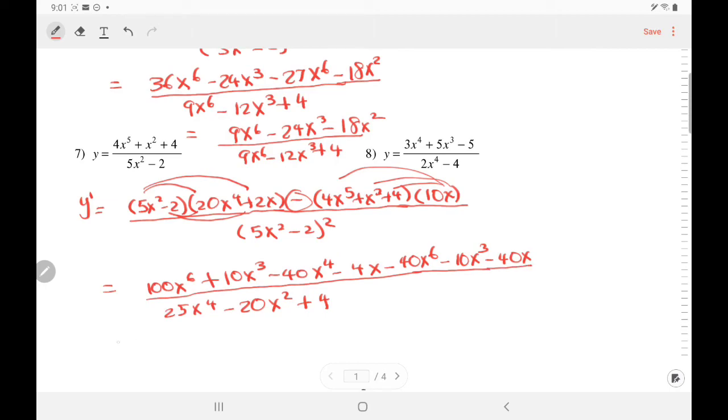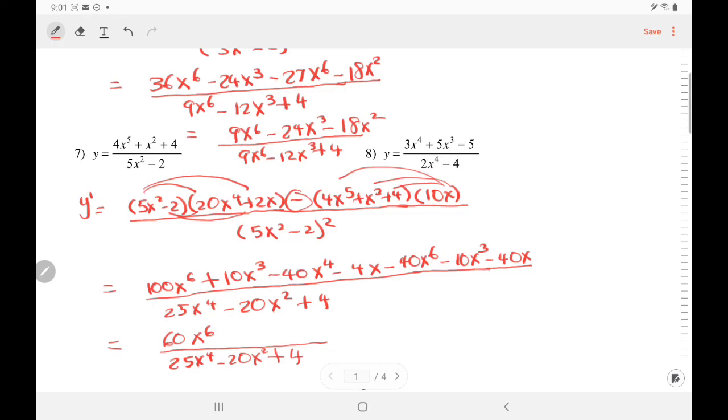Finally, let's simplify here. I will write the denominator. And we combine like terms. So 100x to the 6th minus 40, that would be 60x to the 6th.